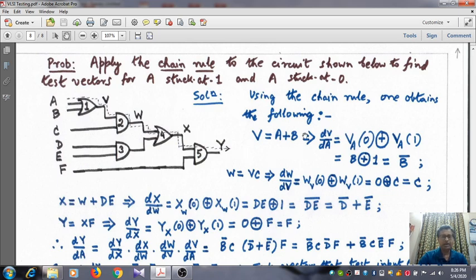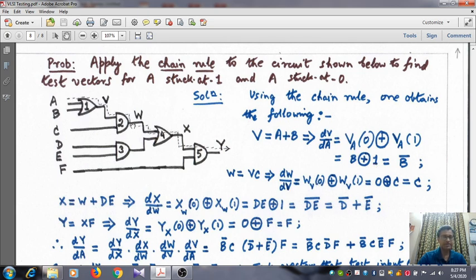Now by applying the chain rule, we start from here: V equals A OR B. So what is dV/dA? dV/dA equals V at A equal to 0 XOR V at A equal to 1. That is very easy: it is B XOR 1, that is B bar.